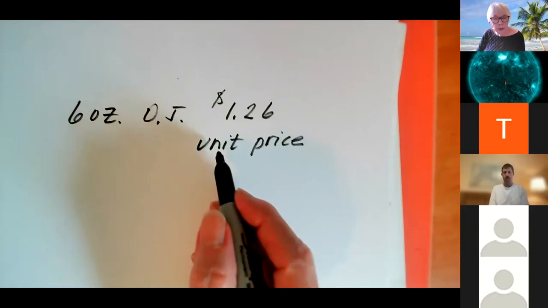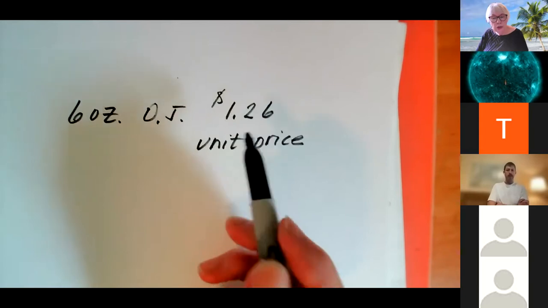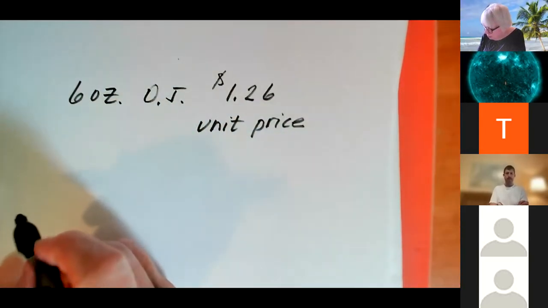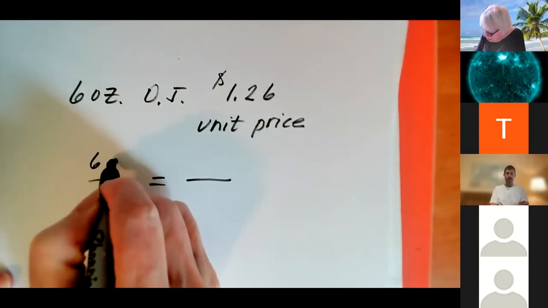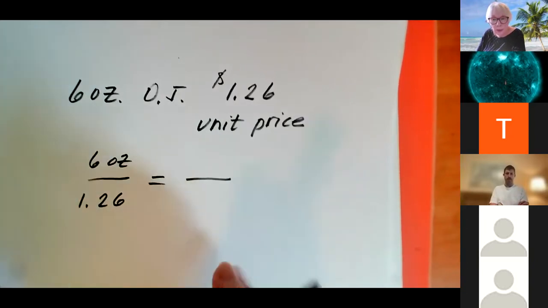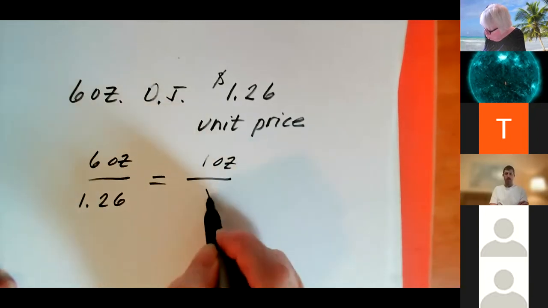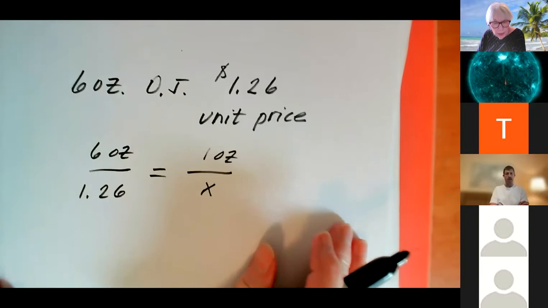I forgot what it was. But basically it's cost per ounce. So you have two approaches. One approach is the proportion. 6 ounces cost $1.26. 1 ounce would cost X. So that would actually do it.